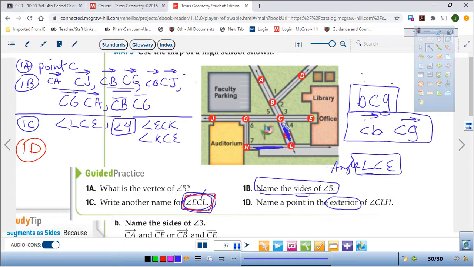So if you look at this one, I'm going to go out here and draw the angle like this. They want the exterior. So we're going to see this one right here as the interior, the smaller part. So this side over here, on the outside, would be exterior. Yes, Barbara, thank you so much.